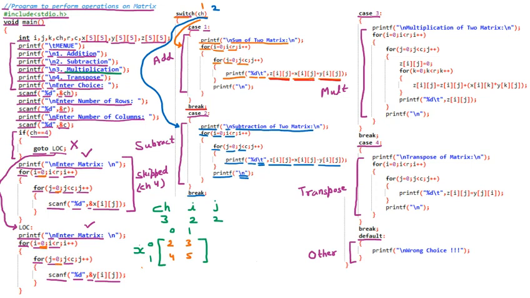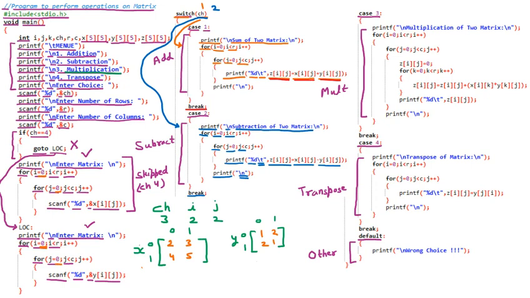So these are the values we are assuming. Then we have one more matrix, that is Y, again 2 cross 2, 0, 1, 0, 1. Again we have something like 1, 2, 2, 1. Let us suppose this is the other matrix by which we have to multiply. So these are the two matrices taken from the user.